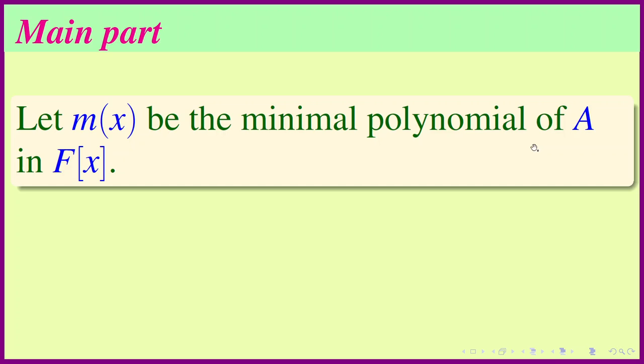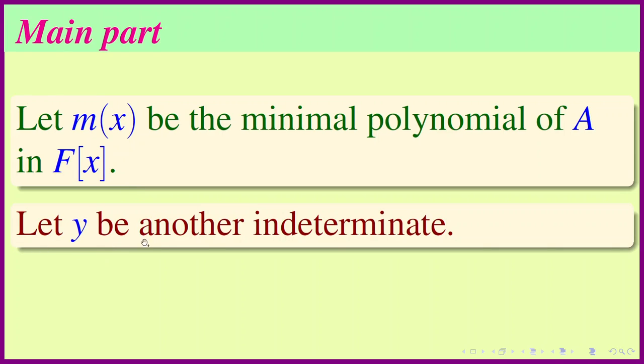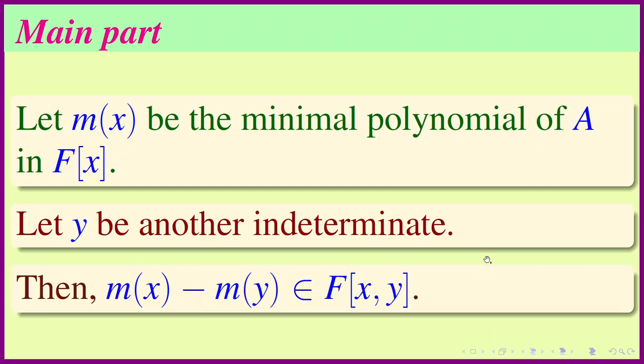Let M(x) be the minimal polynomial of A in F[x]. Let Y be another indeterminate. X is an indeterminate, and we have chosen Y to be another indeterminate. Then consider the polynomial M(x) minus M(y), which is an element of F[x,y], the polynomial ring in two indeterminates.